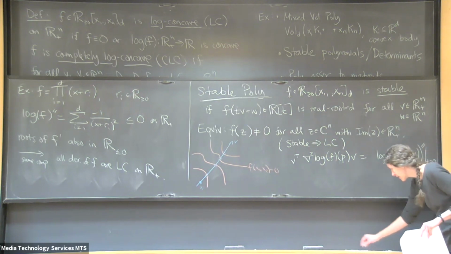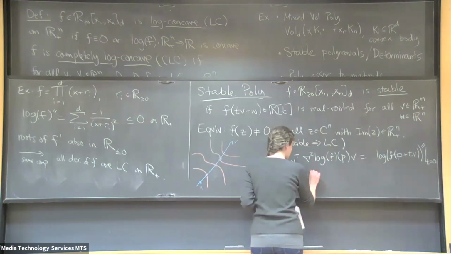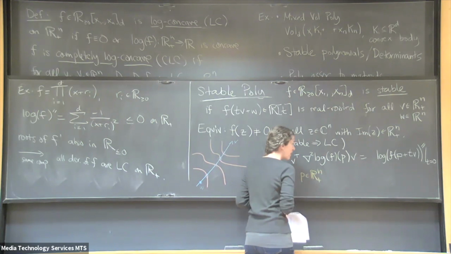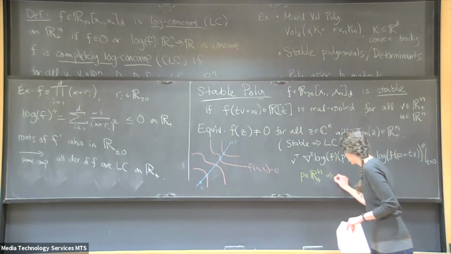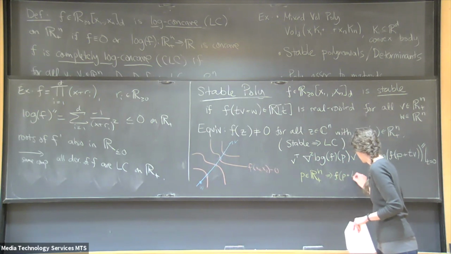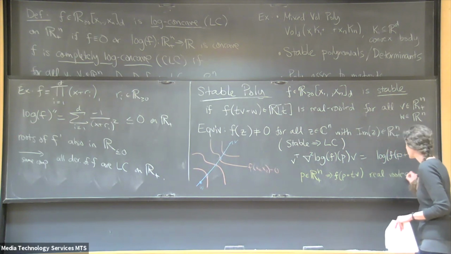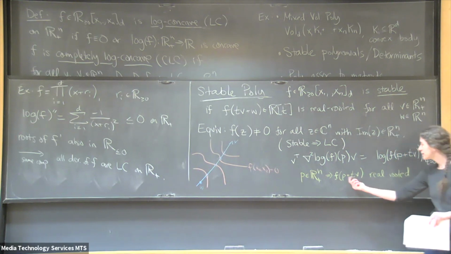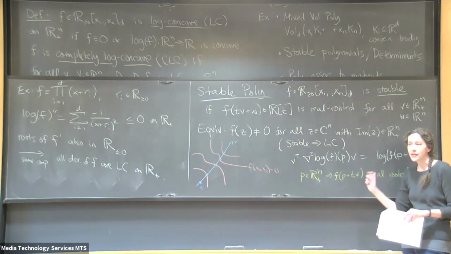And in particular, if p is in the positive orthant, I claim that this polynomial is real-rooted. Because it's homogeneous, the roots are going to be the reciprocals of what they would be if I had flipped the roles of my direction and going through a point.